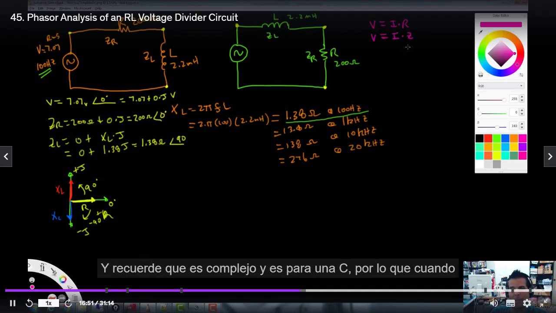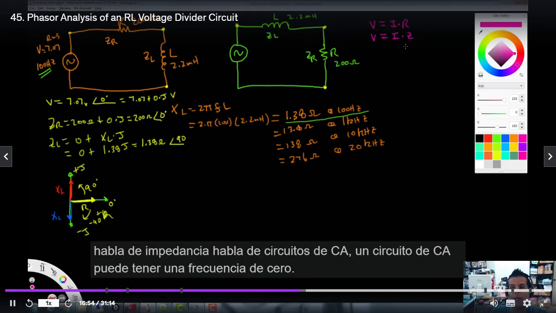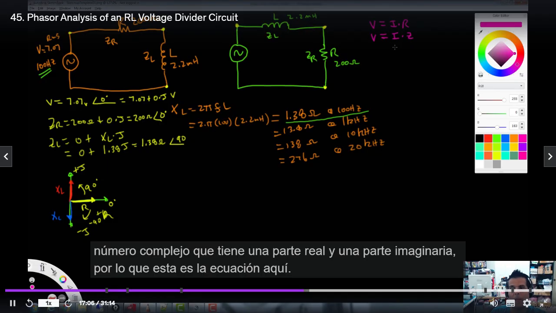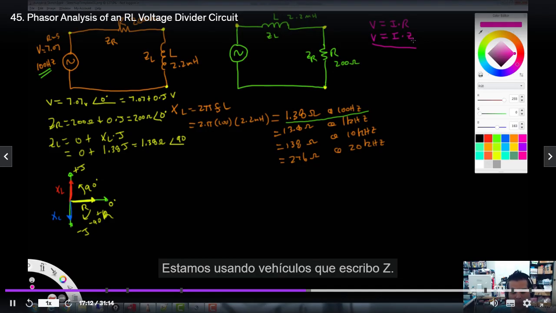So when you're talking about impedance, you're talking about AC circuits. An AC circuit can have a frequency of 0, though, so you can always use the word impedance if you like. But typically, impedance is for AC circuits, and it's a complex number which has a real part and imaginary part. So this is the equation right here. We're using V equals I times Z.